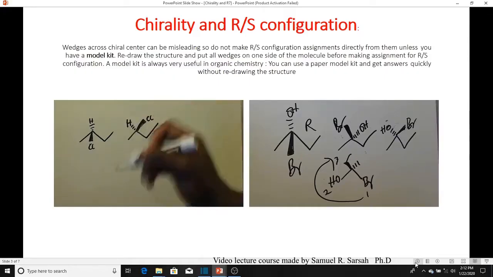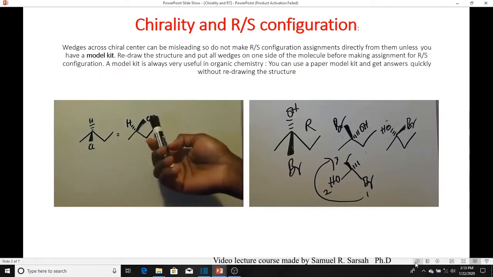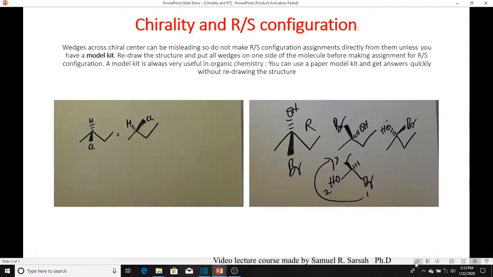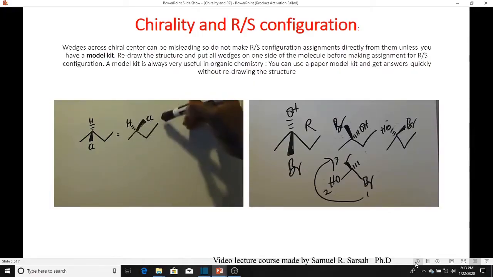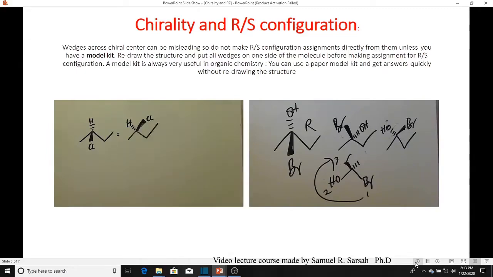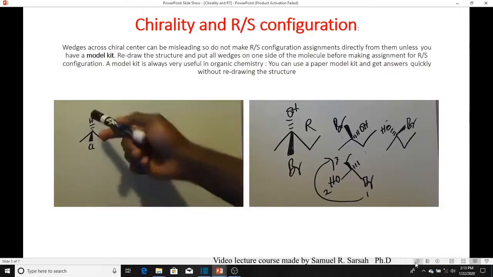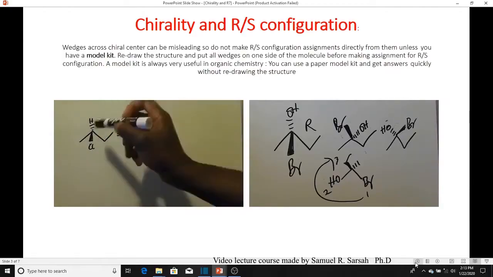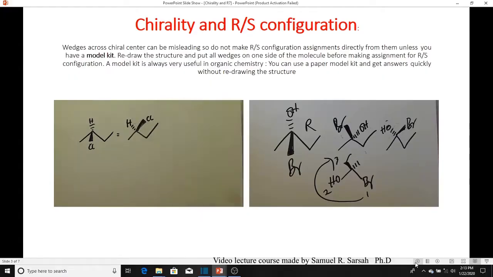Okay. So this is still pointing towards you. This is pointing away. And this is the same as it is. This wedge shape is still the same. So instead of writing this up, they just want to do it like this, pointing towards you, and this pointing away. But technically, this is how it's supposed to be written, so that you can easily assign the R and S configuration.